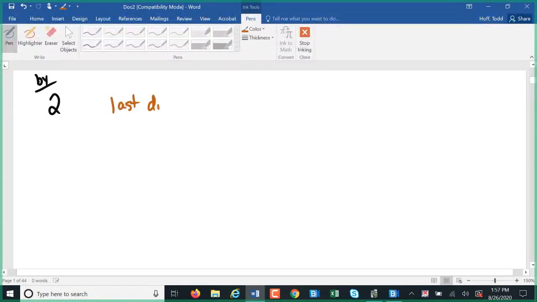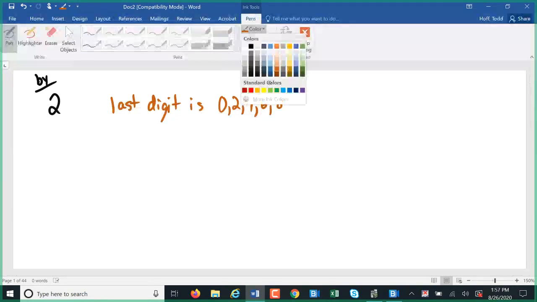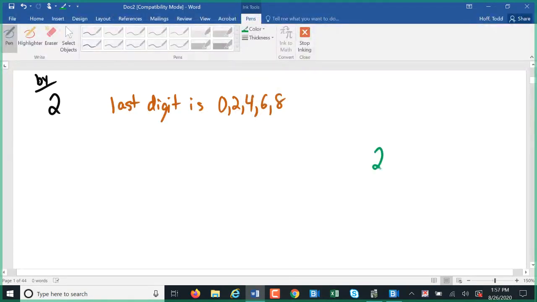In other words, the last digit is 0, 2, 4, 6, or 8. So if I give you a number like 279,354, that is divisible by 2 because the last digit is even.